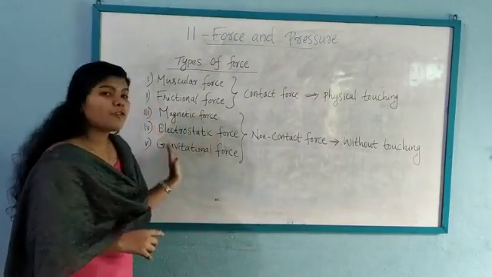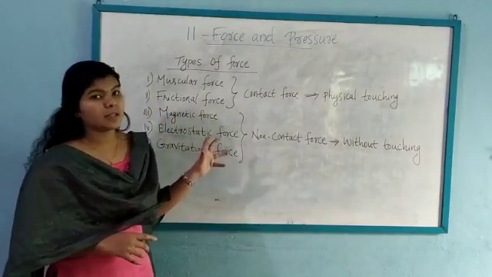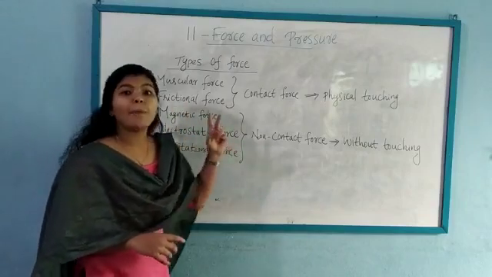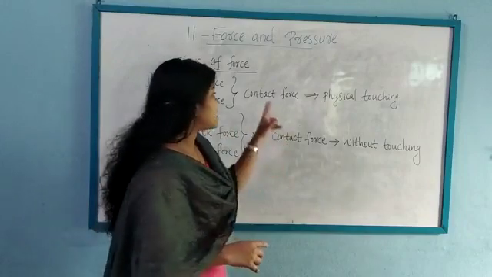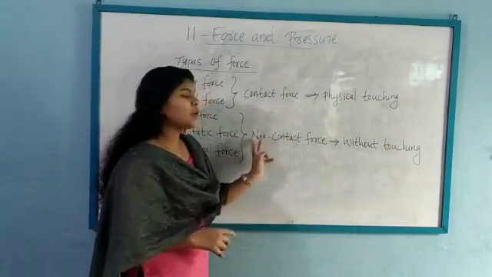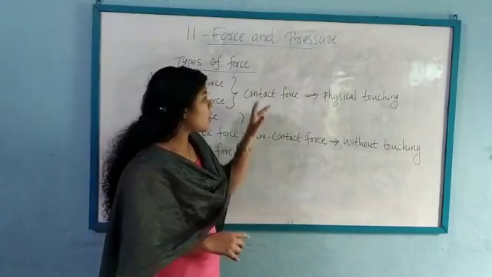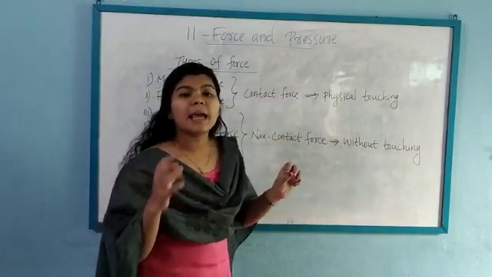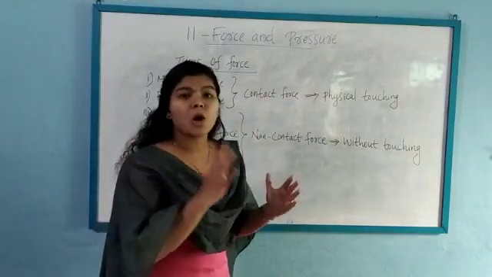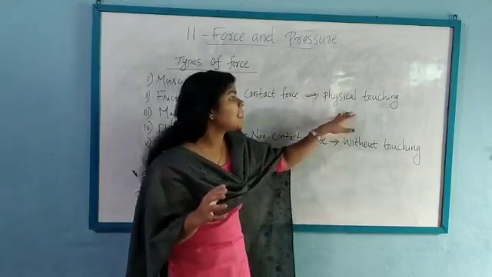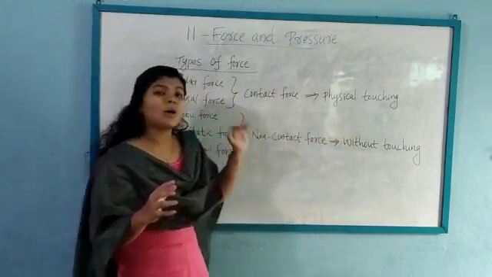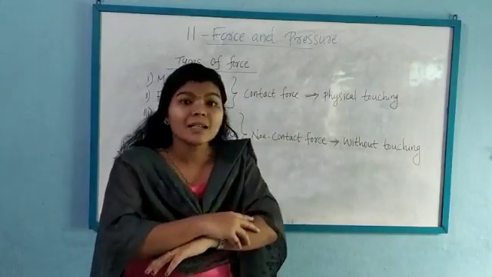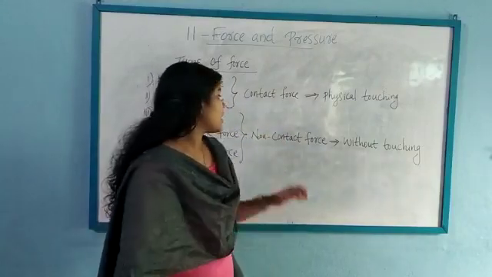These are the 5 common forces, and these forces can be divided into two main groups, that are contact force and non-contact force. Contact force means a force exerted by an object on another object through physical touching is known as contact force, which means two bodies are in contact with each other.